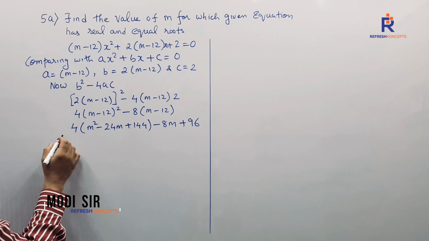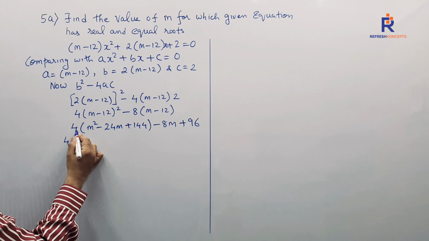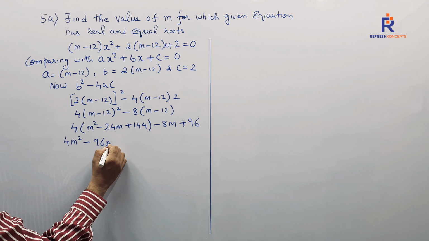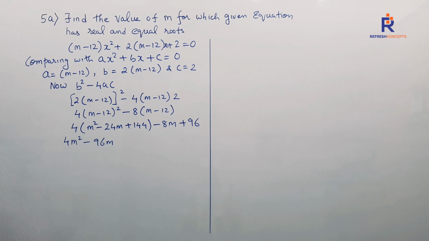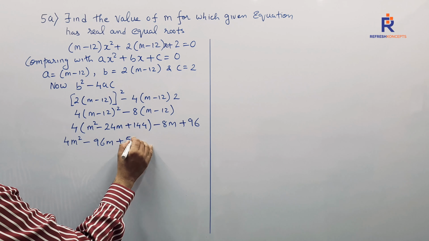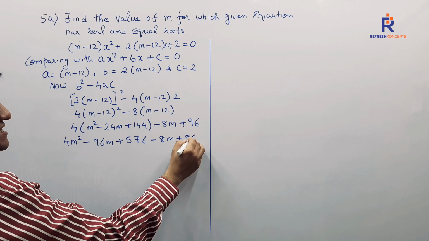Open this bracket: 4 into m square, 4m square, minus 24 4s are 96m, and 4 into 144, which is 576, minus 8m plus 96.